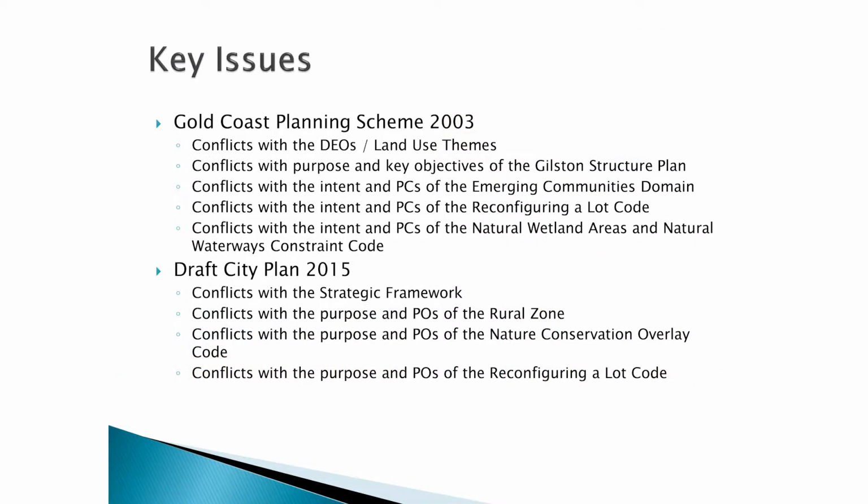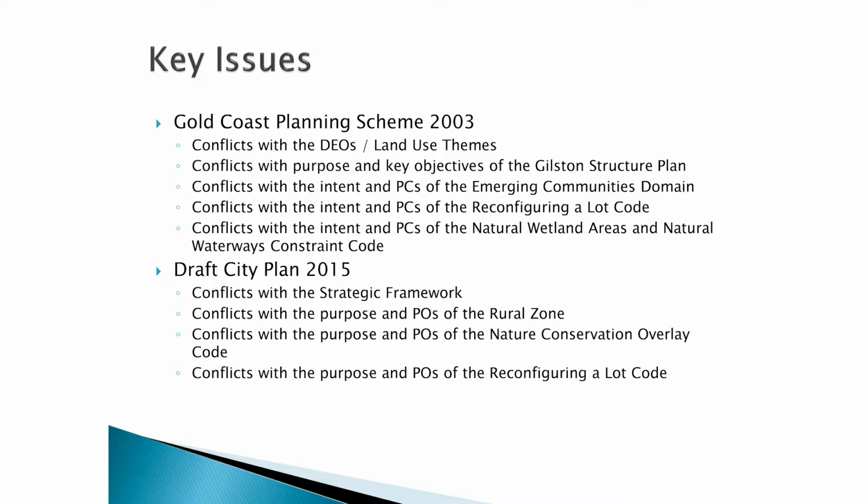Key issues, we'll go through the 03 scheme first, and then we'll go through the draft city plan. So some of the issues we'll look at are, well, we've already jumped the gun. We're saying this application conflicts, but we're going to look at the DEO's land use themes, the key objectives of the Gilston structure plan, the intent of the emerging communities domain.